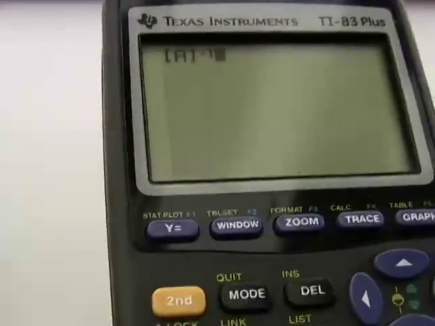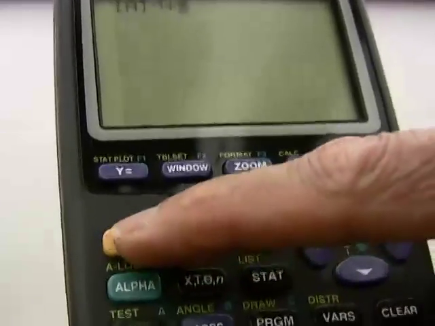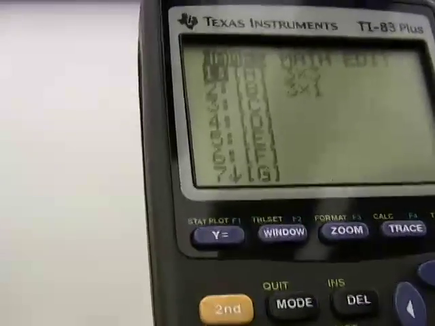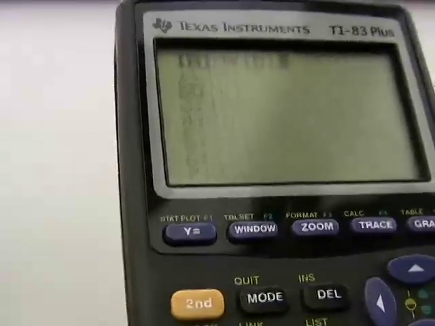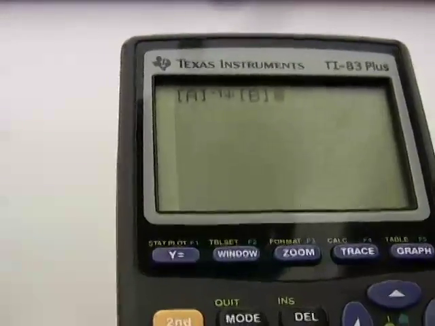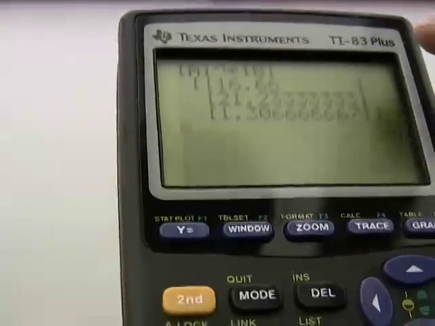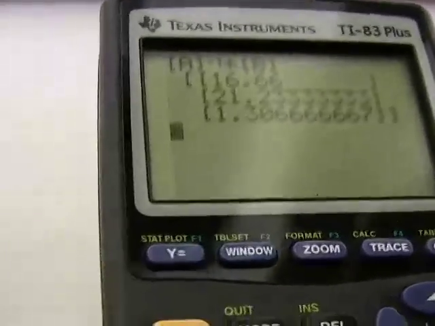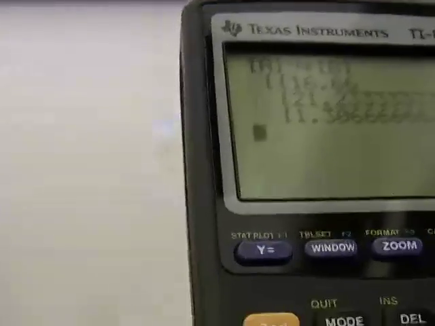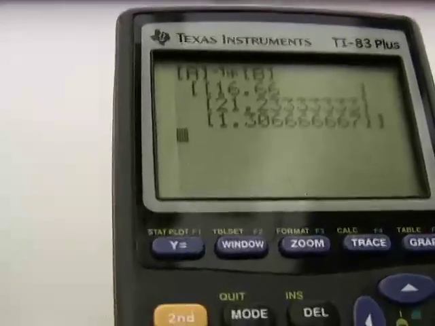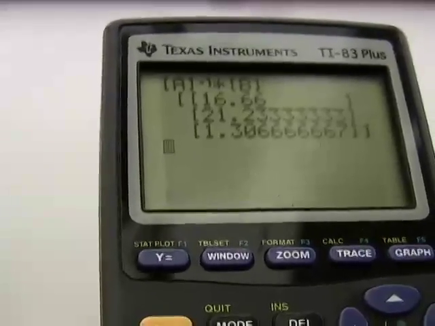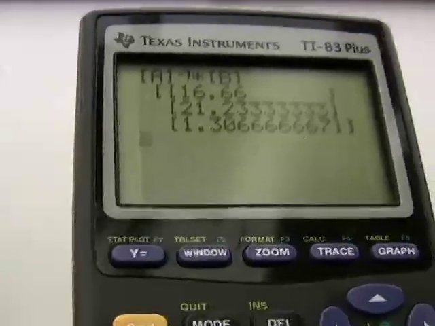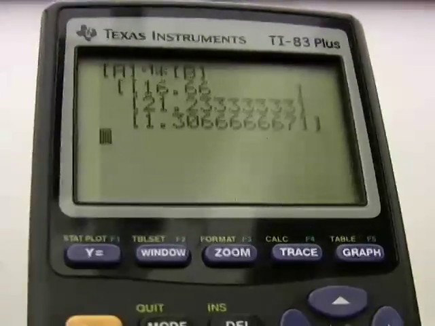A inverse multiplied by matrix B, second matrix, and select B, come down, and you have A inverse B. It gives you the first variable is T1, the second variable is T2, and the third variable is the acceleration. So T1 equal to 16.6, T2 is 21.23 and the acceleration A is 1.31.